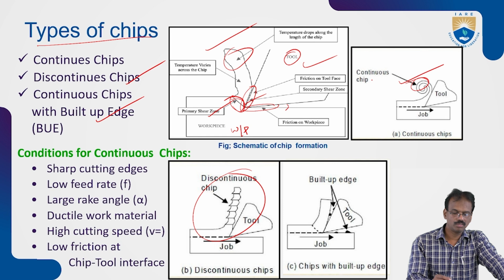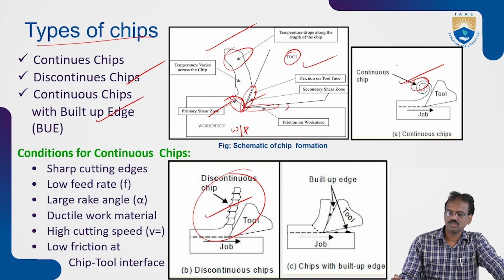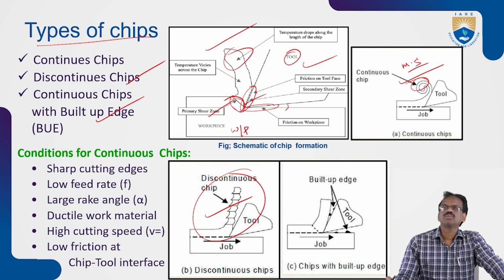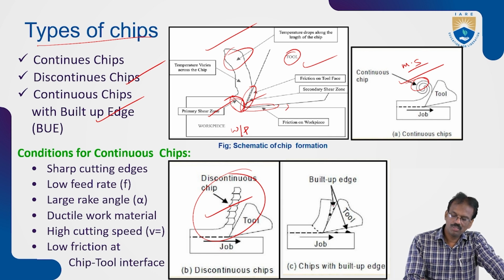This is mainly for brittle materials like cast iron. The continuous process is for materials like mild steel. Here, for ductile materials, you can see build-up edges due to overheating between the chip and the tool.